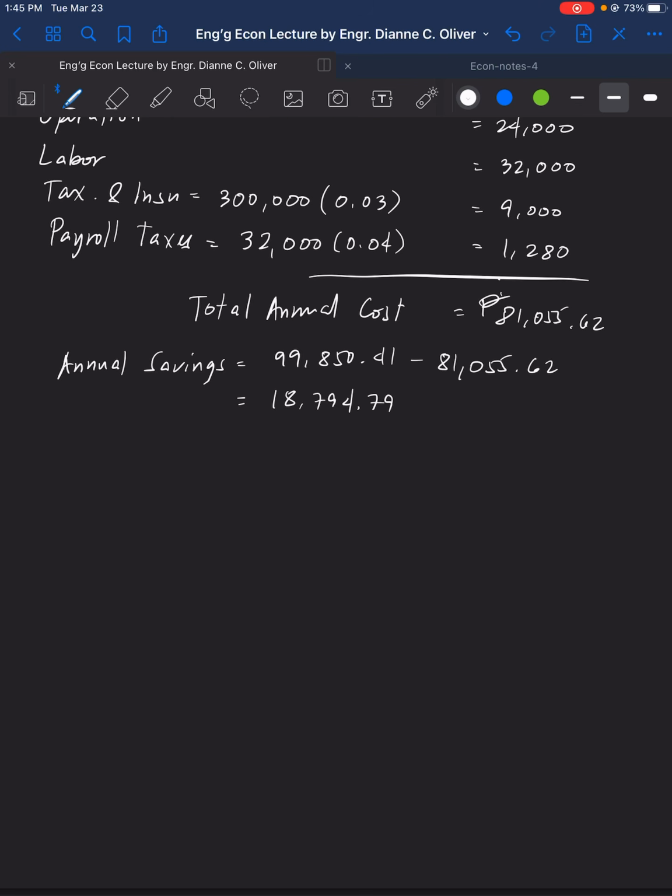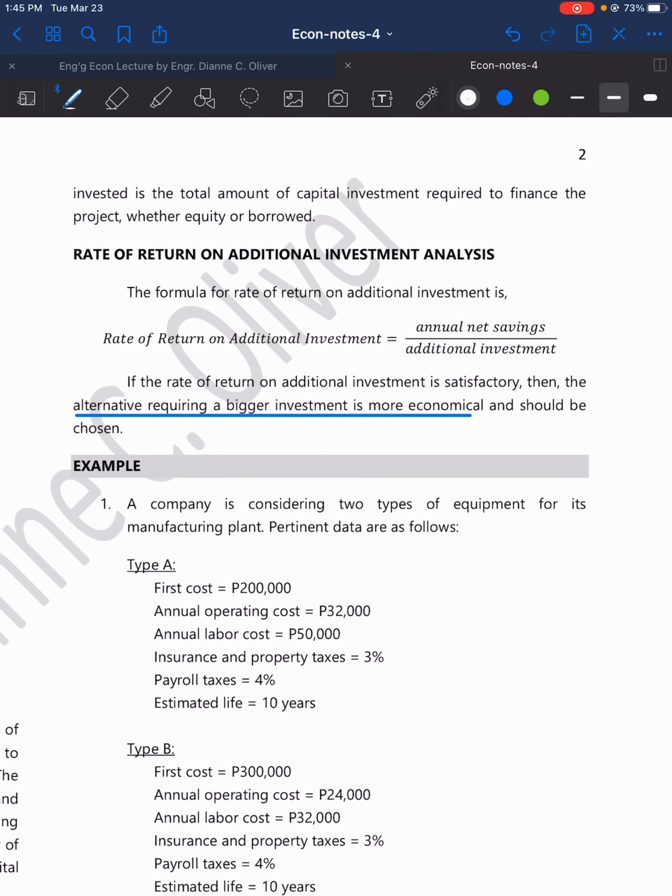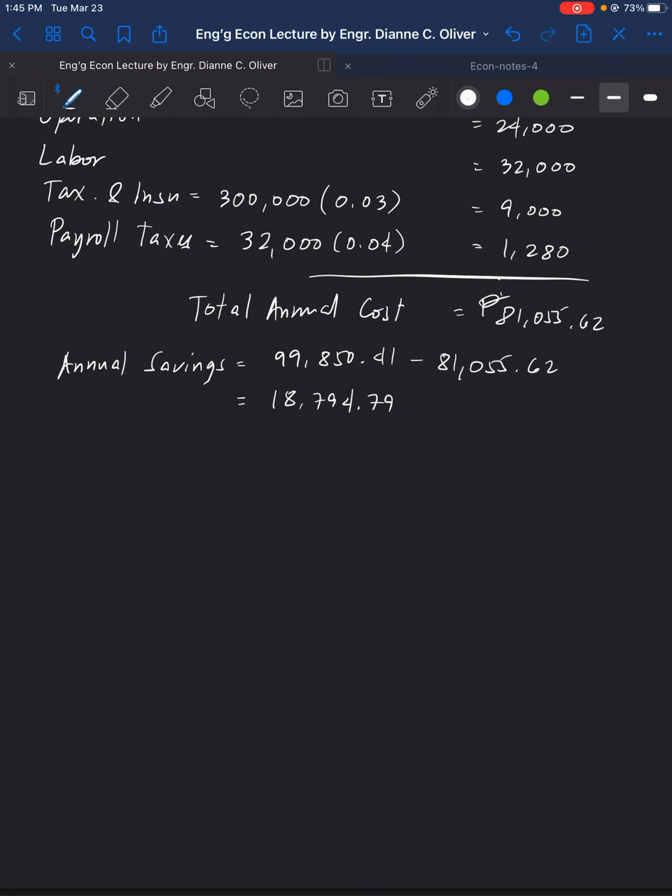Then the additional investment. How much money should be added to the lesser alternative to become the greater alternative?